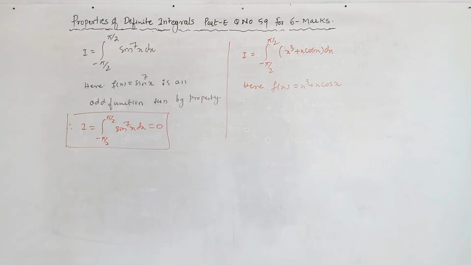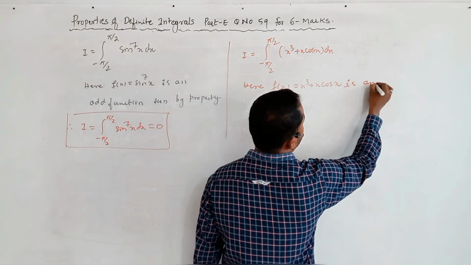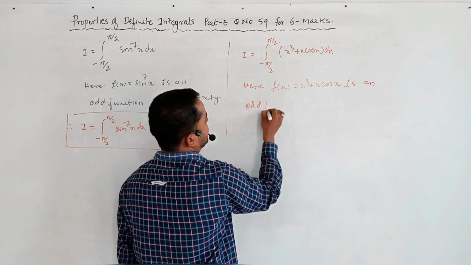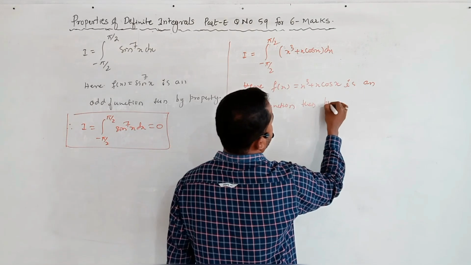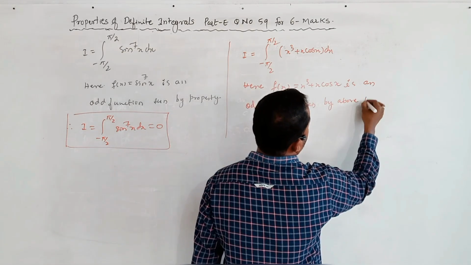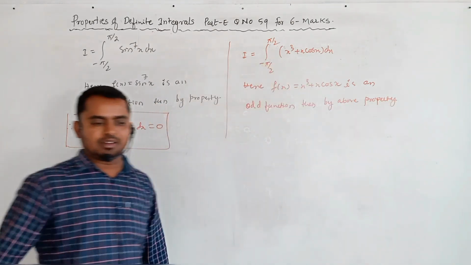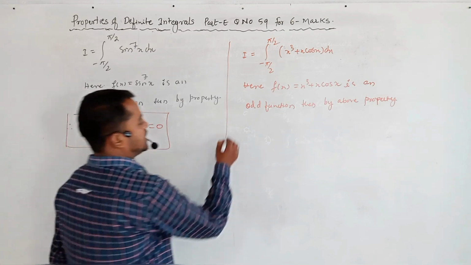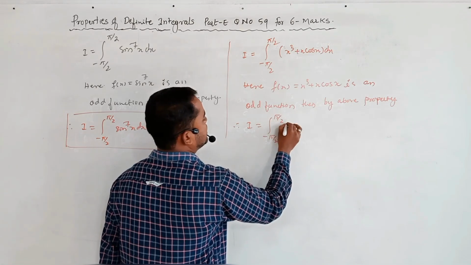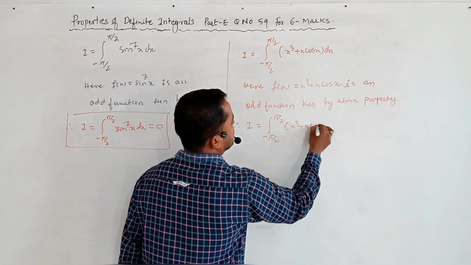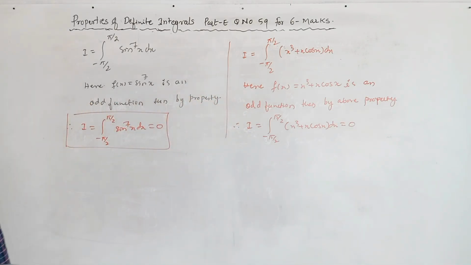Then by the above property, because we already proved the property, I is equal to the integral from minus 5 by 2 to 5 by 2 of x cube plus x cos x dx, which is equal to 0. Yes, this is the answer.